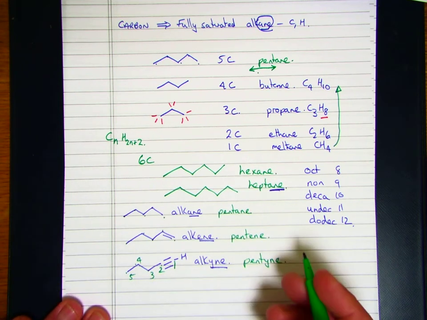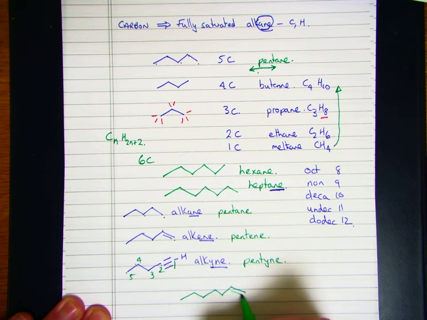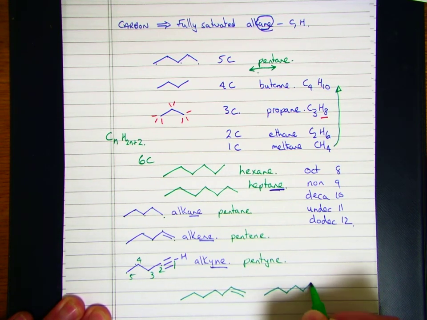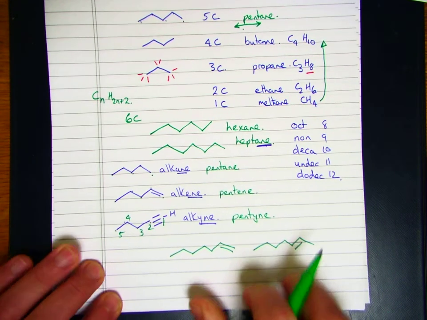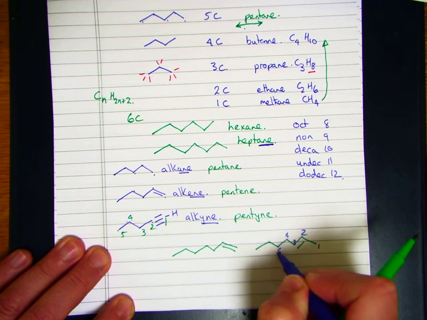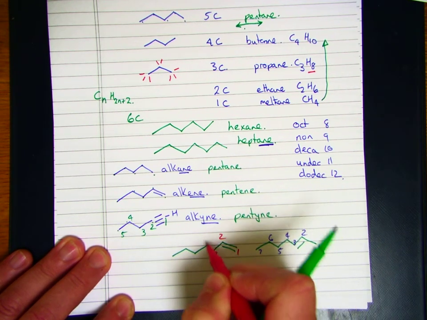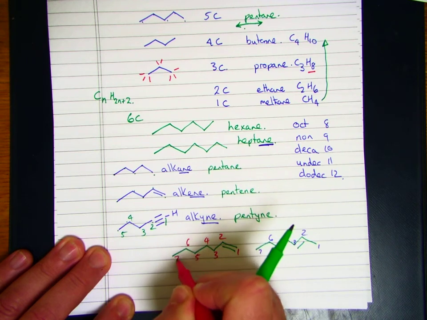And let me give you an example here. Put these down here. This is 1, 2, 3, 4, 5, 6, 7. And this is 1, 2, 3, 4, 5, 6, 7.